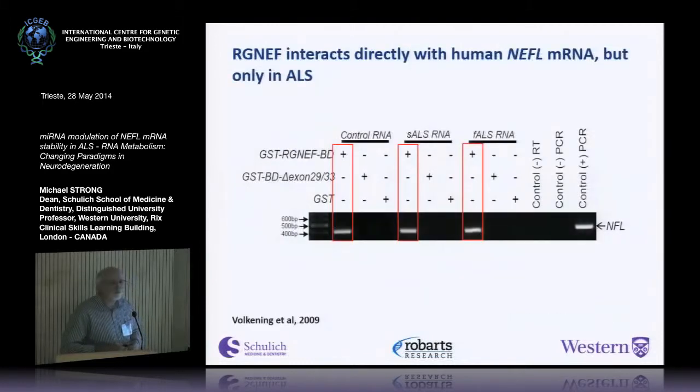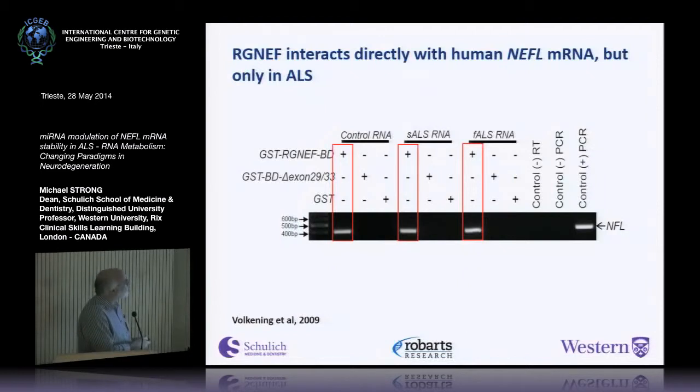So why is that even remotely interesting in ALS? Well, because now when we go back to ALS spinal cord and do that RNA immunoprecipitation, the RNA IP, so we use a protein to bring down the protein species and then do a PCR off that to see what we're bringing down with that. We use, in this case, a GST-fused protein.